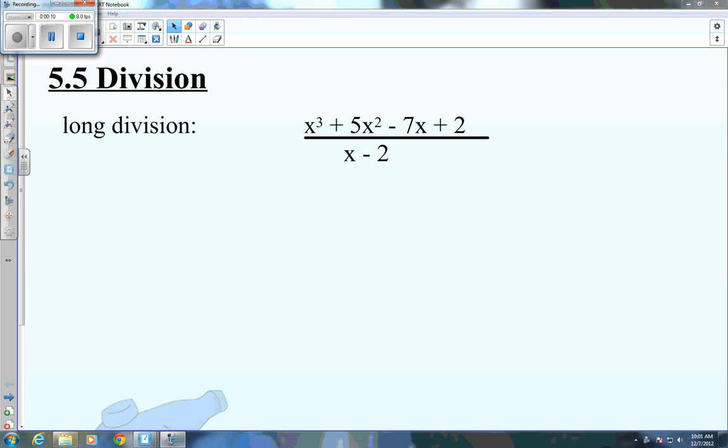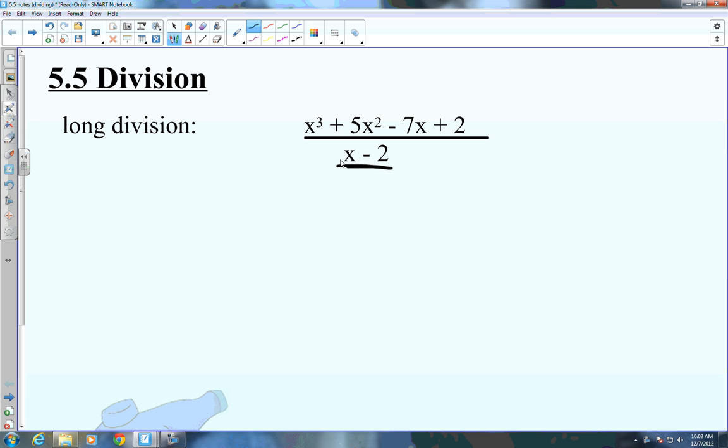5.5 is division of polynomials. We're first going to learn long division, which is very closely related to the long division that you already know to deal with real numbers. The number that you are dividing by is the divisor.